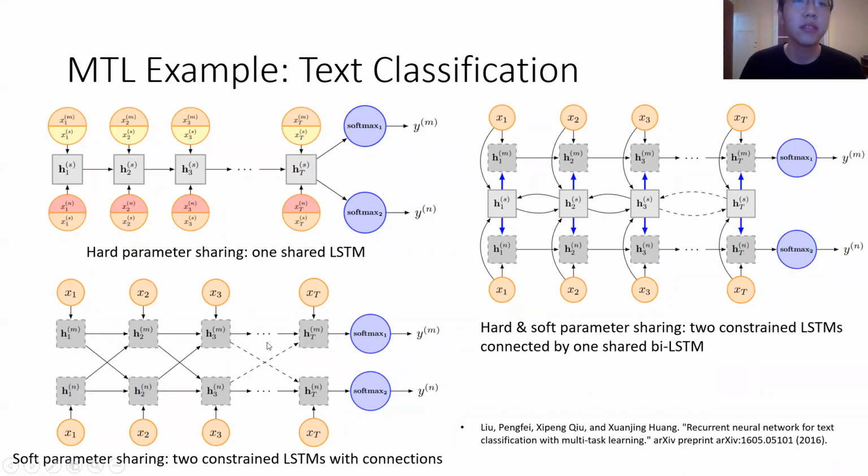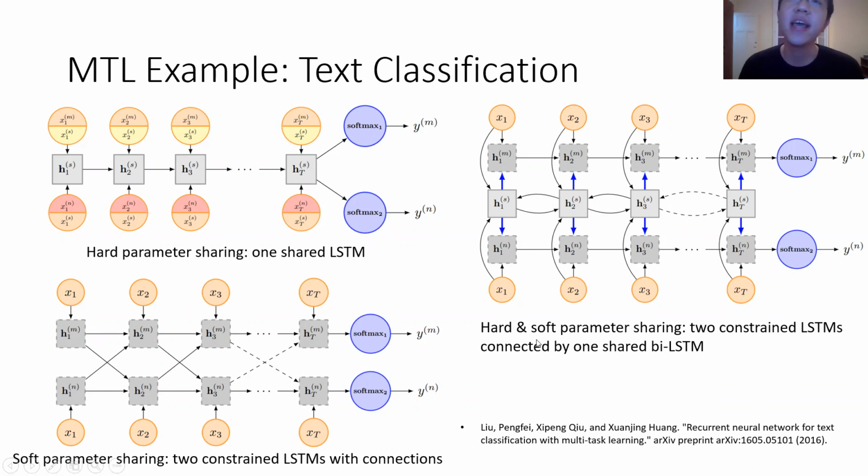The next one is a little bit more complicated. It's a soft parameter sharing one. As you can see, these two tasks have their own LSTM sequences, but each LSTM unit at each step of each task will be connected to the next step of the other task. So this is a kind of constrained layers with connections to each other.